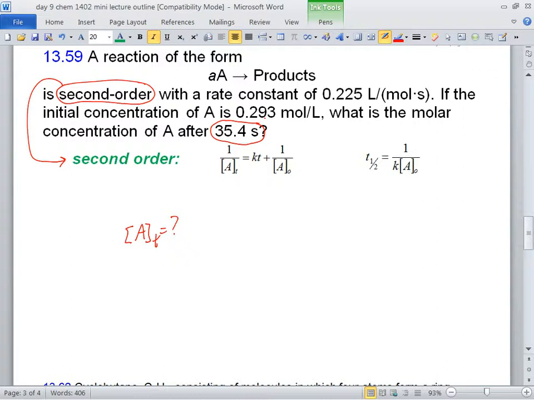Substitute what you can find into that equation. You should have something for everything but A at time t, and then solve for it. Should work.